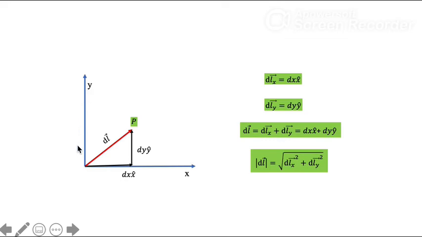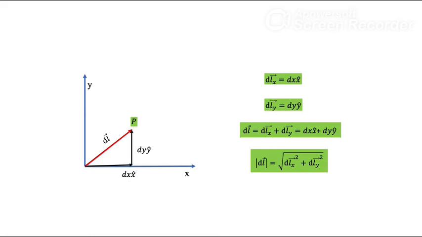If I move a certain distance, say dx, along the x-axis, I will actually be generating a vector whose tail lies on the origin and whose head lies at dx. That is, this particular vector that I have generated by moving along the x-axis is dx x hat.